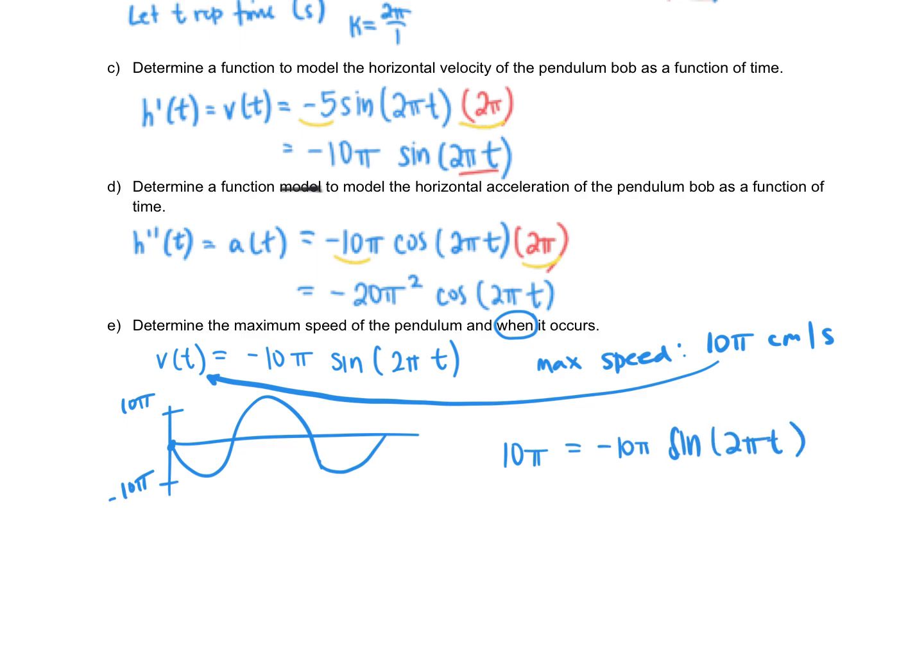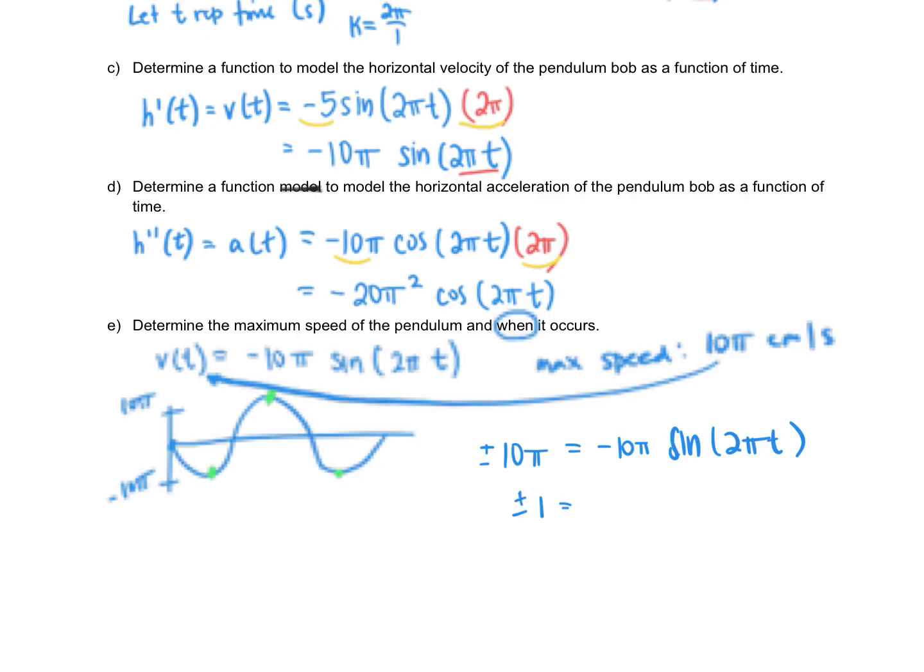So I'm going to divide by negative 10 pi. Now actually, I did write 10 pi in here, but the max and mins occur at 10 pi and negative 10 pi. So I'm actually going to use both. And when I divide positive 10 pi by negative 10 pi, I get negative 1. But when I divide negative by negative, I get positive.